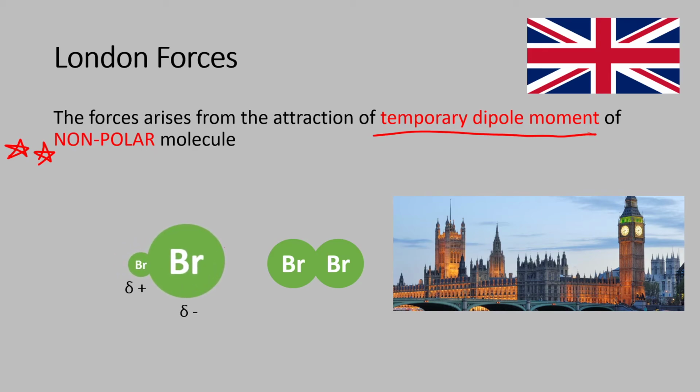So, look, why is one bromine small and one bromine big? Do you remember what an orbital is?